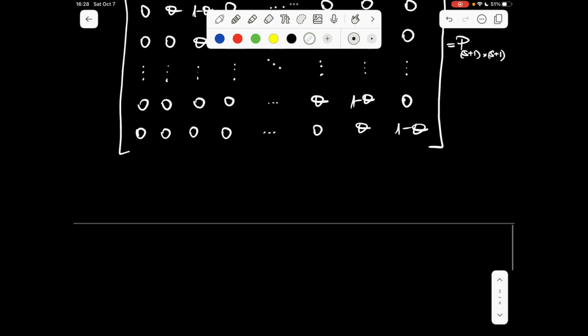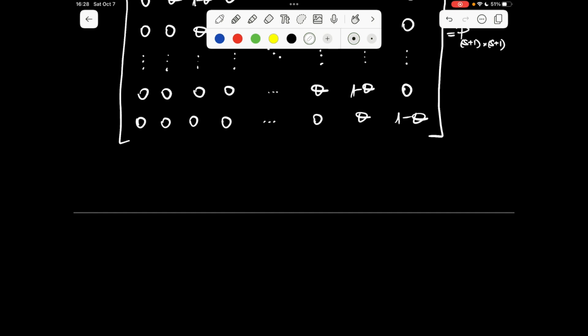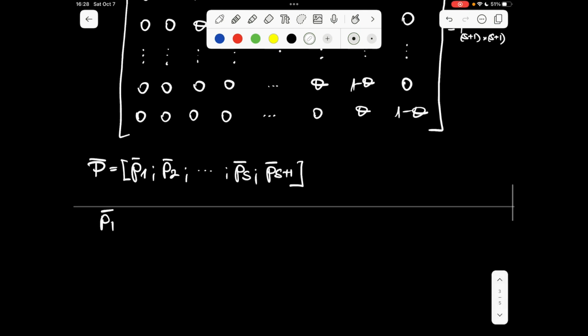So after doing the math, some general... Okay, so this is going to be our unique invariant distribution vector. After doing the same math as we did previously, we have some simple results which we can use.